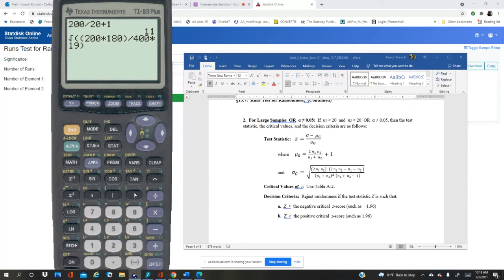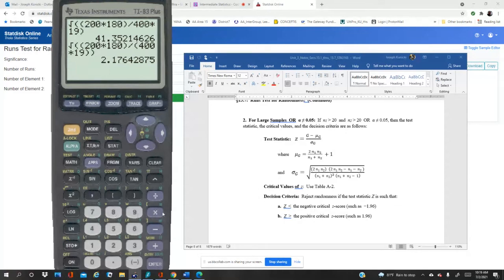Now I need parentheses for the whole fraction. Oops, too many parentheses, my bad. Oh, I missed the parentheses for the denominator right there. I see what I did wrong. So I'm going to insert a left parenthesis. I was right, I needed another parenthesis, but I forgot the other one. So 2.1764. I think 4 decimal places will be good enough.